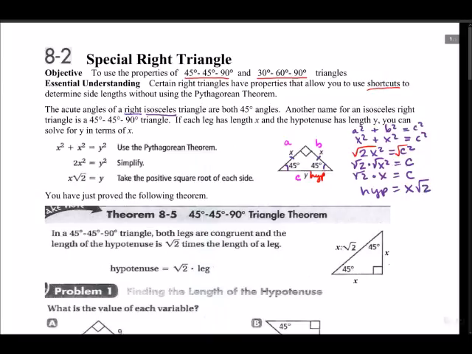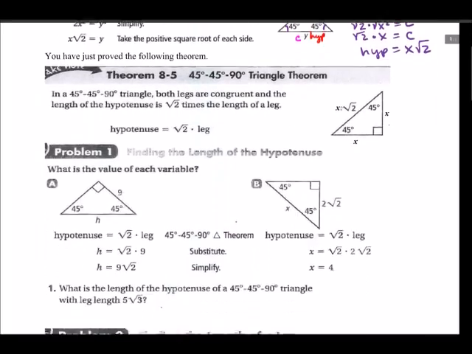Now this is true for every right isosceles triangle. And it doesn't matter what the lengths of our legs are. The length of the hypotenuse is always going to be the length of the leg, one of the legs, times the square root of 2. So that's our first theorem here.